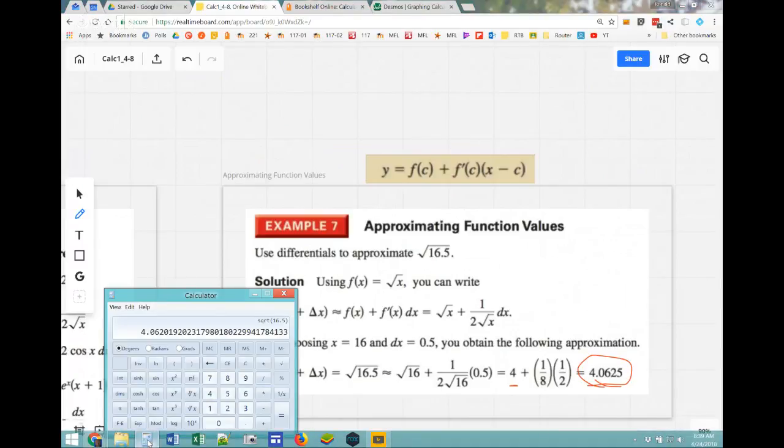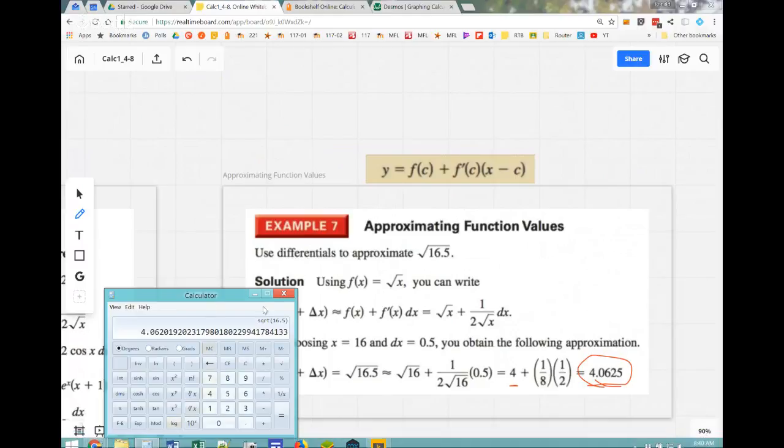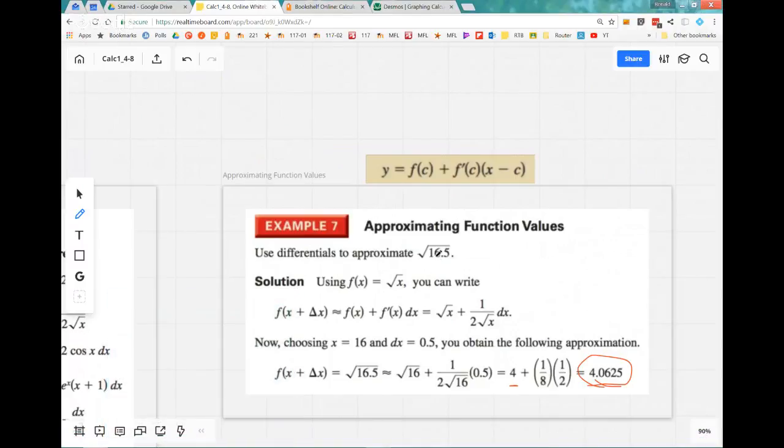You can see how we got really close. Okay, so this is just an example. So for x, we used the nearby even square root 16. And for delta x, how far were we off? 0.5. And then we were able to do this f of x plus delta x thing, and we came up with a pretty good approximation.